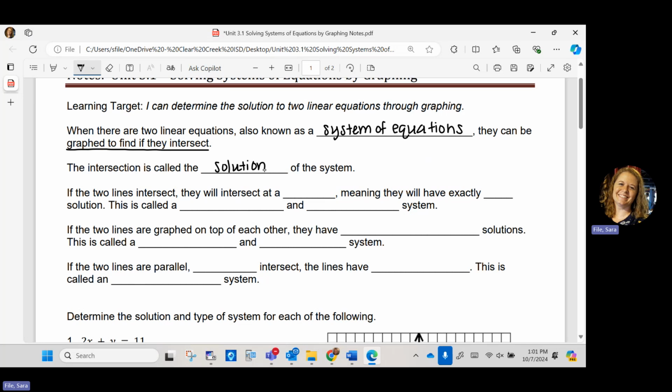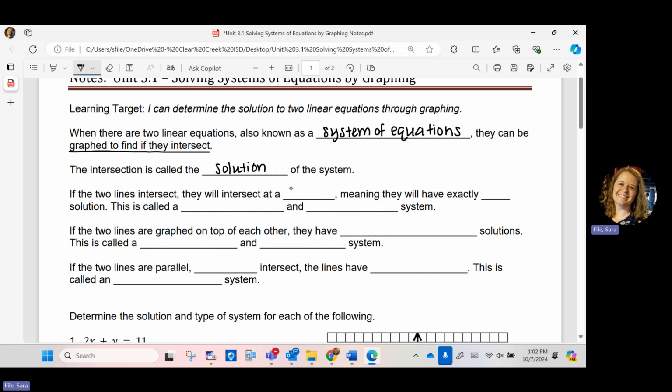You're looking for the point where they intersect. So if 2 lines intersect, they intersect at a point, which means our solution is going to be written as an ordered pair, where it would be written like (x, y) in parentheses like that.